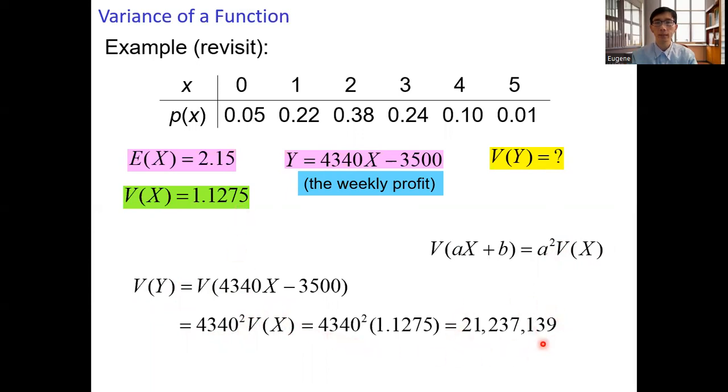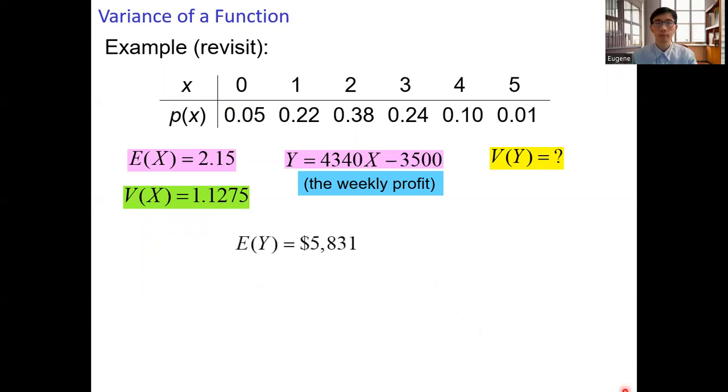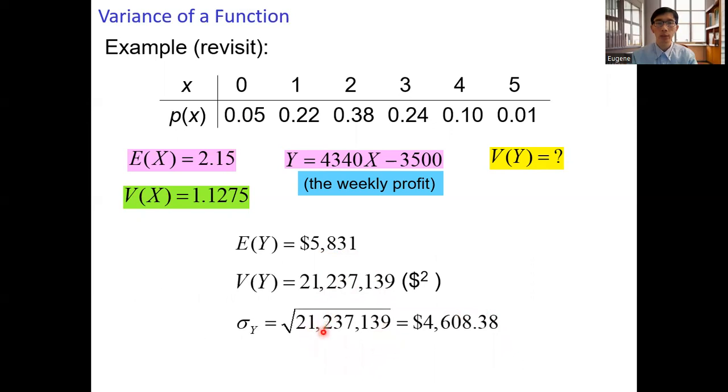And therefore, we get this value as the variance of Y, and the unit is square dollar. So in this example, we get the expected value of Y as 5,831, which we computed in the previous video, and then the variance of Y. Taking the square root, we get the standard deviation. The standard deviation of the weekly profit is $4,608.38.